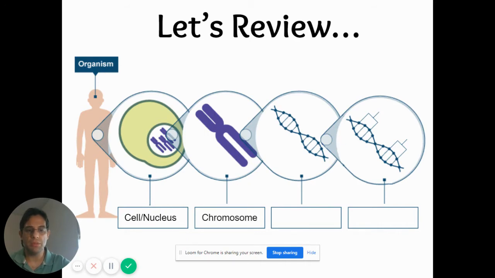This is your chromosomes. I just told you chromosomes are made of DNA and proteins. So the most important chemical structure you find inside your nucleus is actually the DNA. And parts of your DNA that code for a specific trait, that's what we call the genes.